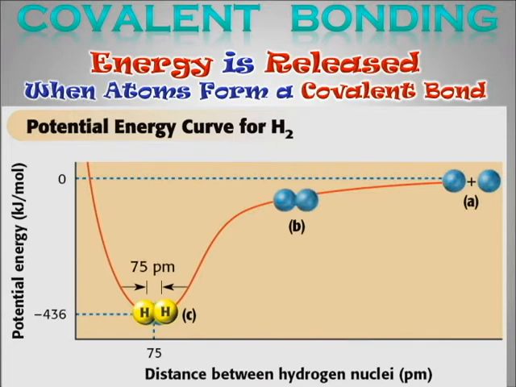What if those hydrogen atoms try to get closer together? What if they try to squeeze even closer? Well, watch what happens. The potential energy goes back up and it pushes them back the other way. Kind of like if you try to roll a bowling ball up a hill, it's going to roll back down to you. It's kind of hard to get a bowling ball to roll up a hill. You need a lot of effort to do that, a lot of energy.